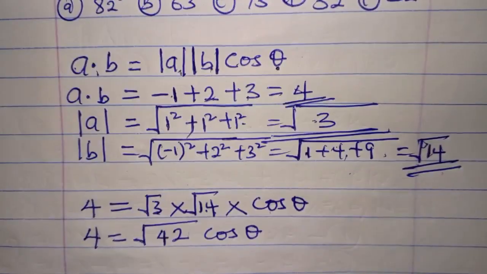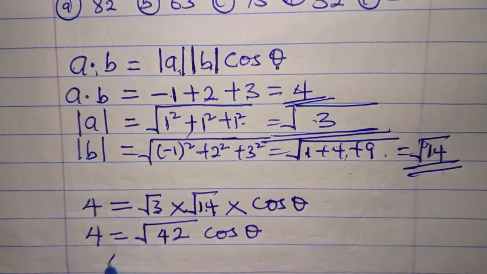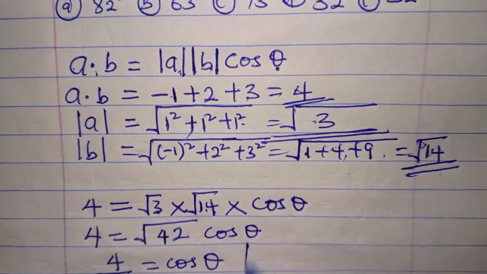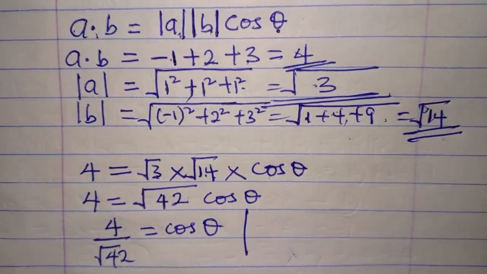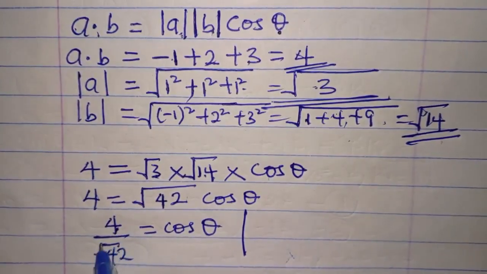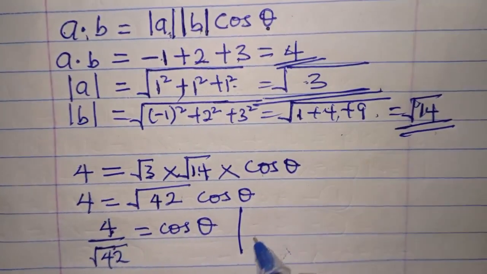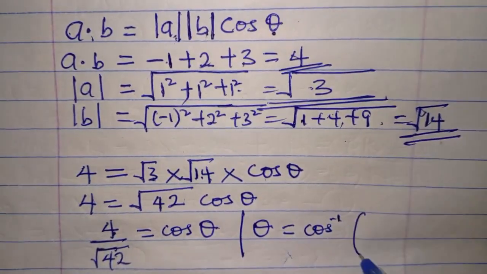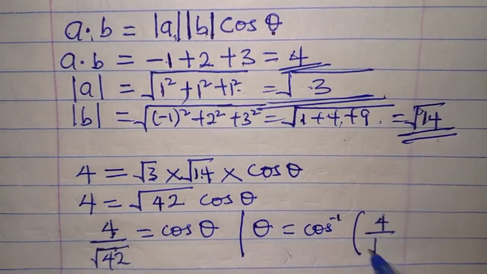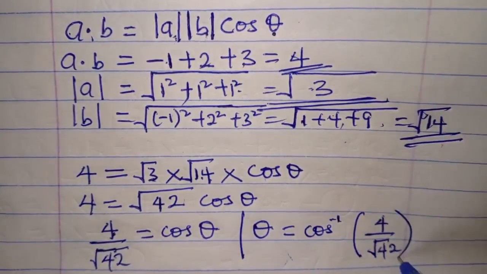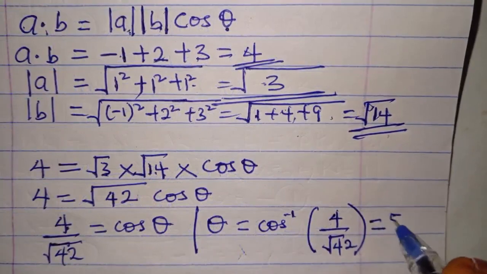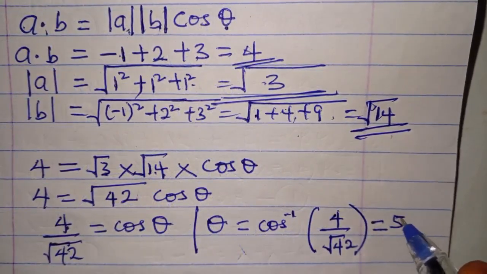If you divide both sides by root 42, 4 all over root 42 is equal to cos theta. So theta will be the cosine inverse of 4 all over root 42, and this is equal to 51.887.